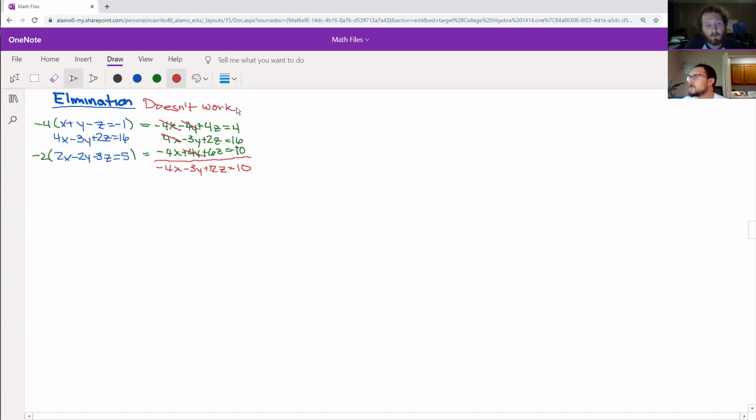I have a question. Are we limited to having to keep one of the equations original, or can we change all three of them? So when you do elimination method, you can change all three of them potentially, but here's the problem.